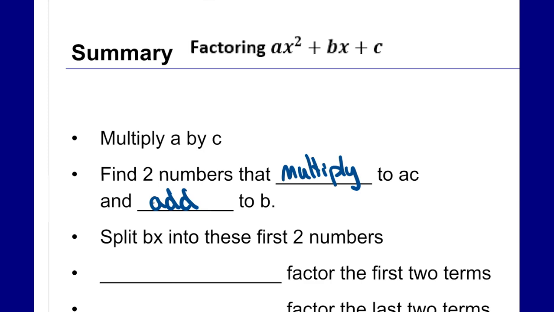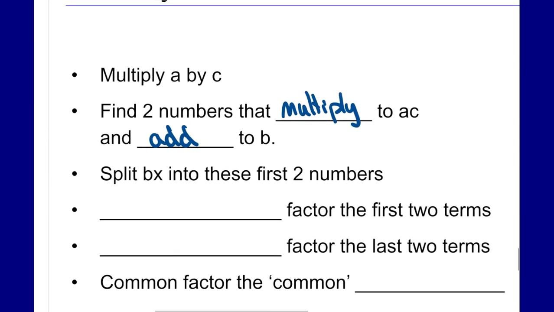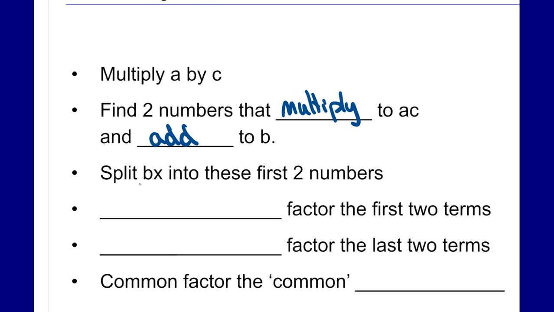This last part is the same as the other trinomials, but this first part, multiplying to a times c, is different. Once we find those two numbers, we're going to split bx, or the middle term, into those two numbers.